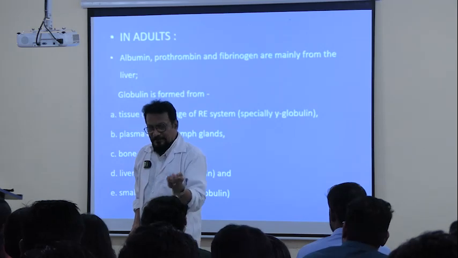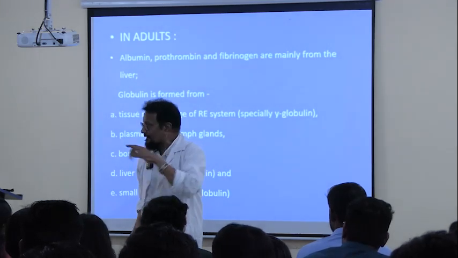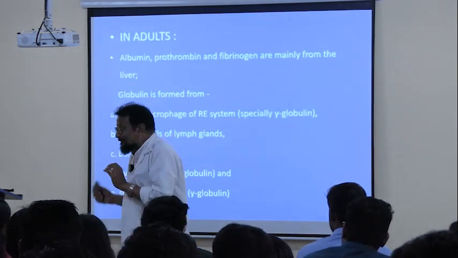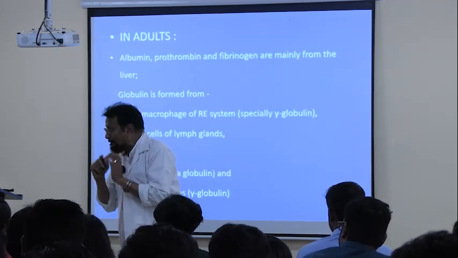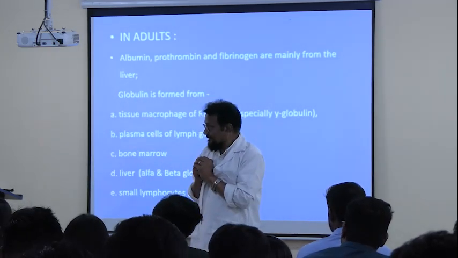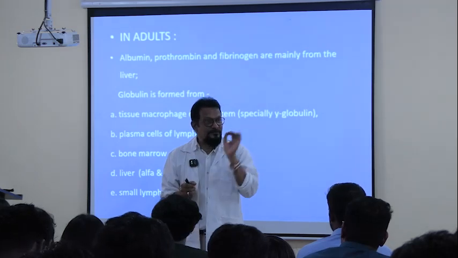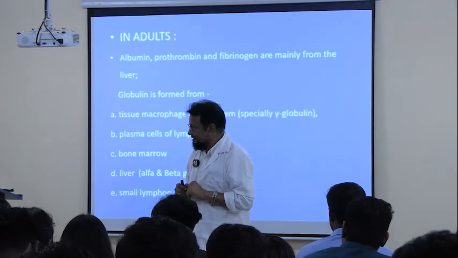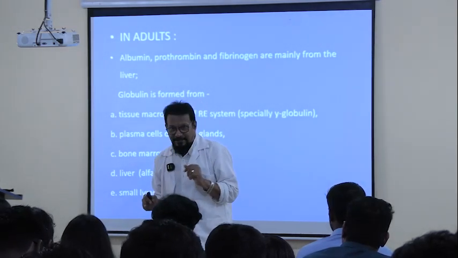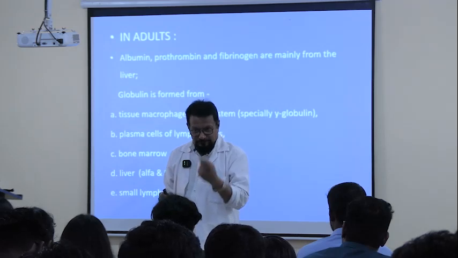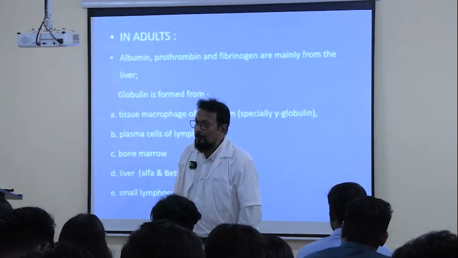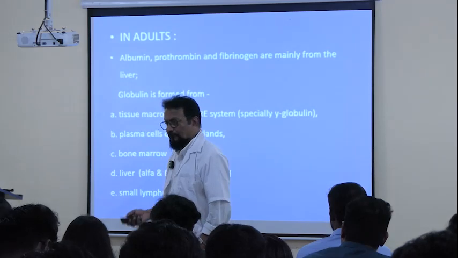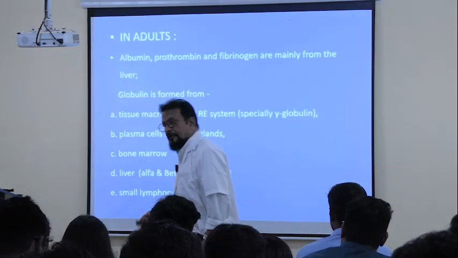When this blood circulates through the liver, the macrophages are there to trap the pathogens and kill them. In that way, these cells also protect us from various pathogens, bacteria or viruses.